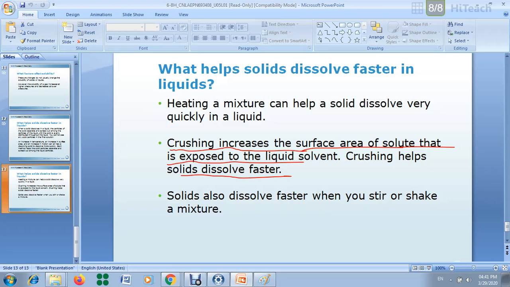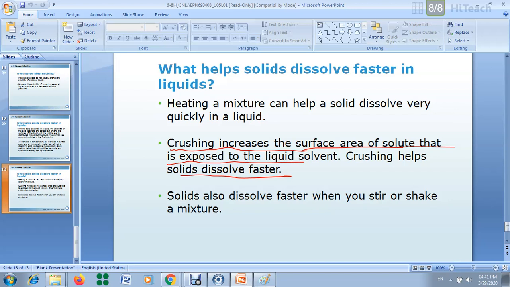The third one. If you want to put sugar in a cup of tea, you put a spoon of sugar, then you start to stir it. When you stir the solvent, or the tea here, what are you doing? You make the particles move faster.